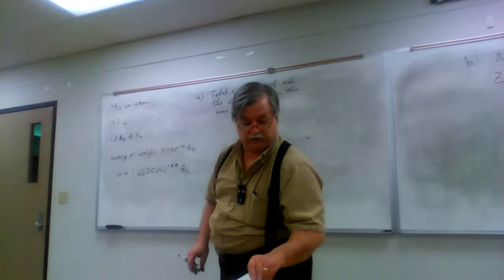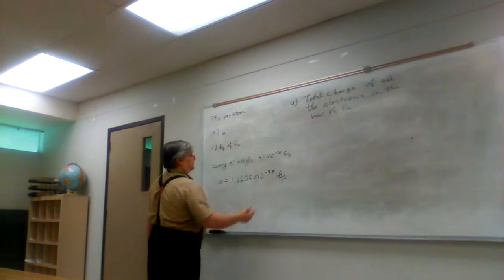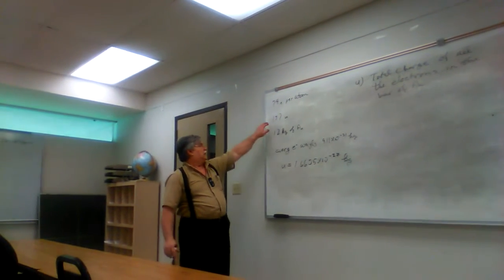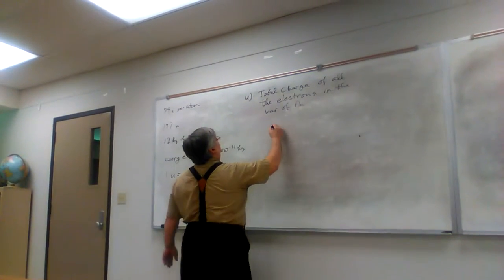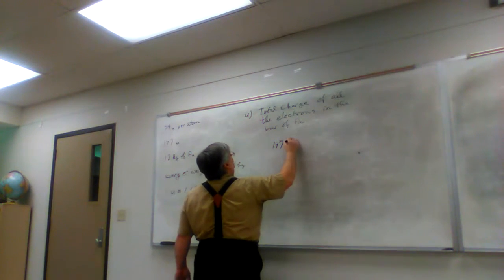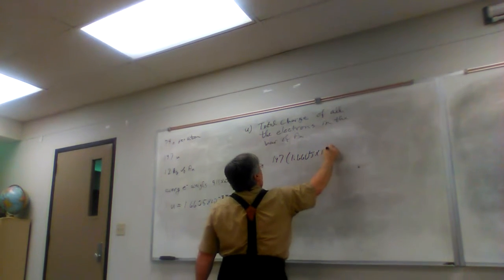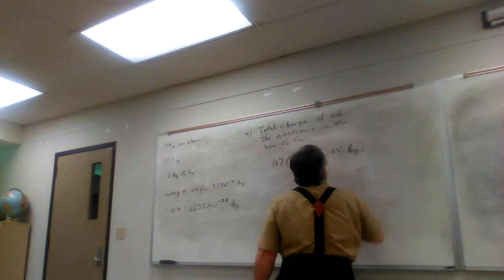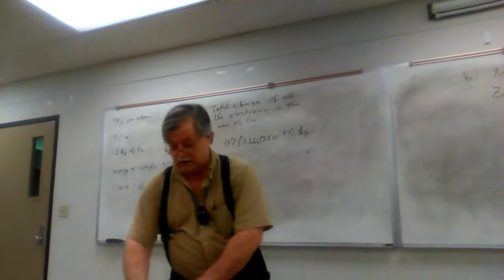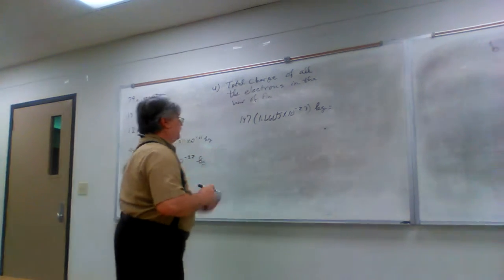What does that tell us when we multiply this number, 1.66 times 10 to the minus 27 kilograms, times 197? First of all, do the arithmetic. What does that give us?